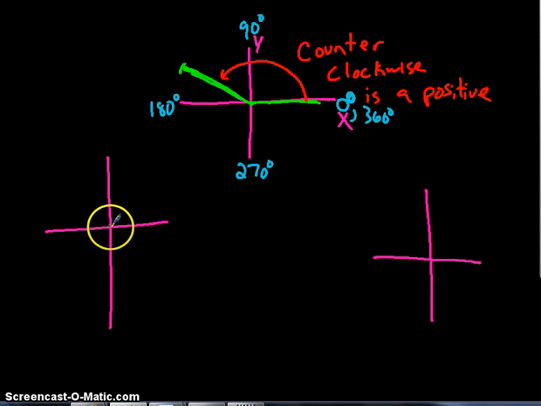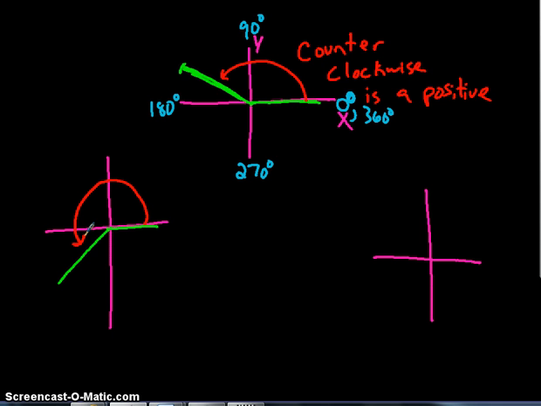Now think about a larger angle, with an initial side here and a terminal side down here. That angle kind of bent backwards. It started at this initial side, went past 90, past 180, and wound up down there.